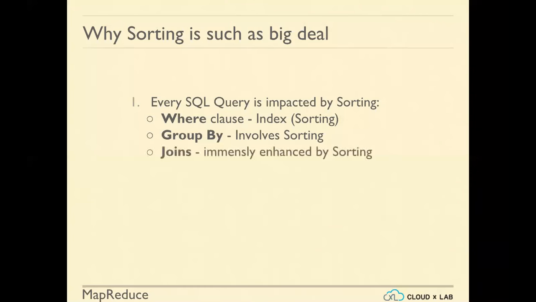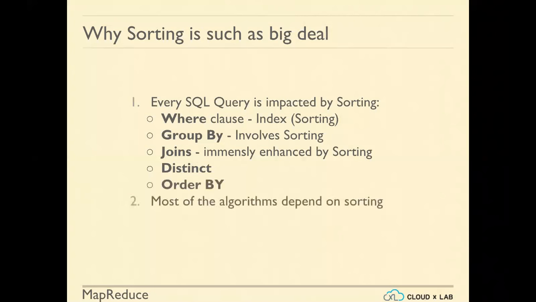Then joins. When you're joining two tables, if both tables are sorted by the same key on which we are joining, then the join is enhanced by sorting. Then distinct. Distinct, of course, is sorting, because the way we compute distinct is we sort the data and go from above. If the consecutive values, the values next to each other, are the same, then we remove one of those. Order by is, of course, sorting.